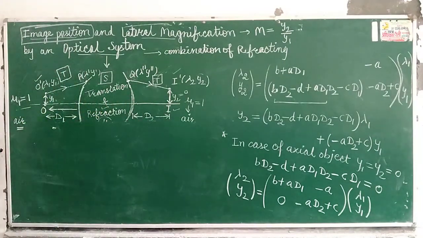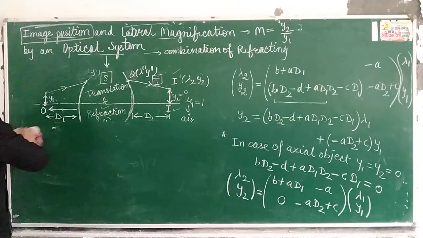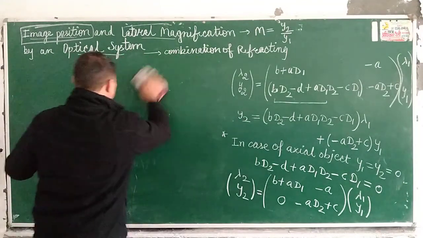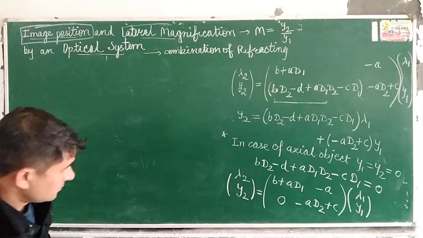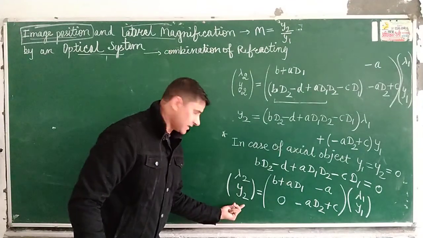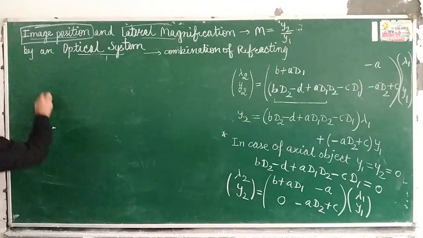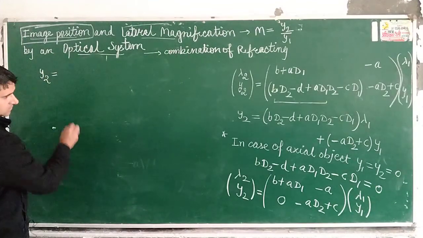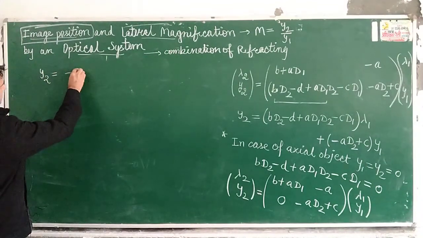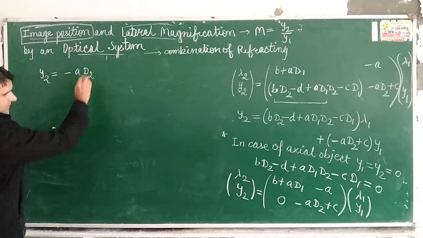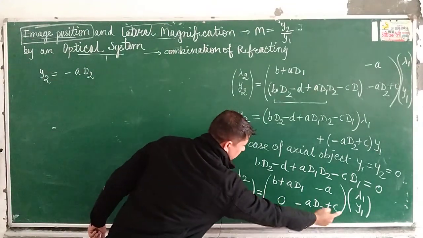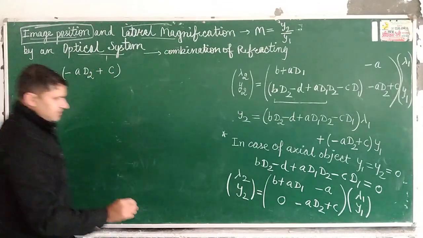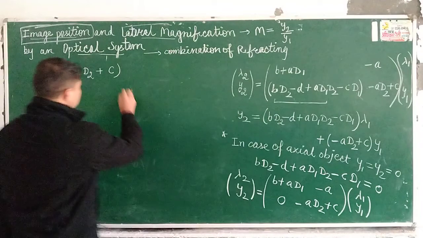So here you see, from this matrix we will establish the relation between y2 and y1, and from here you will get y2 equal to minus a d2 plus c, let me take it inside the bracket, and then you have y1.